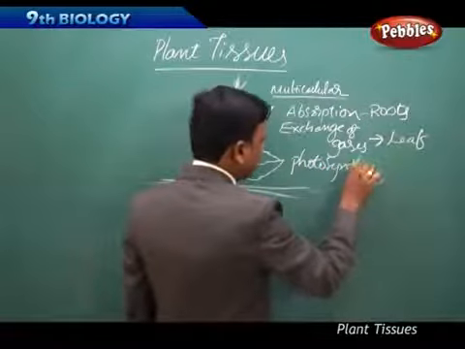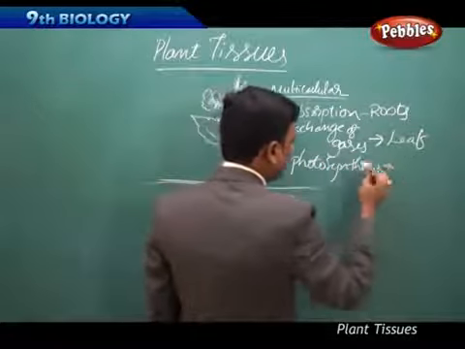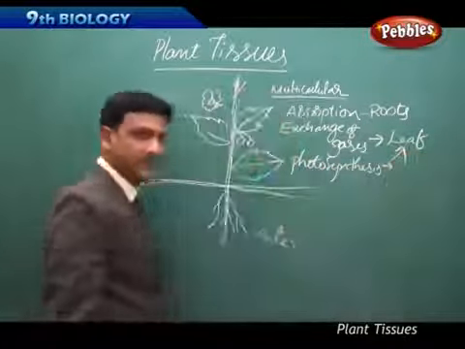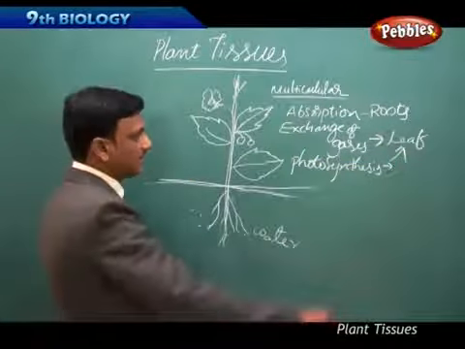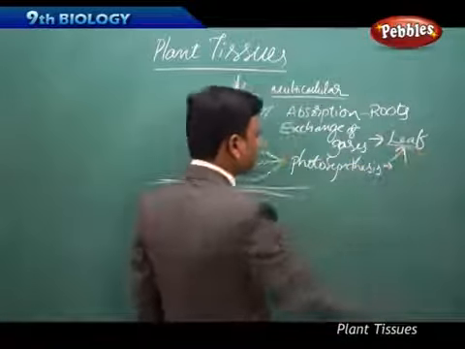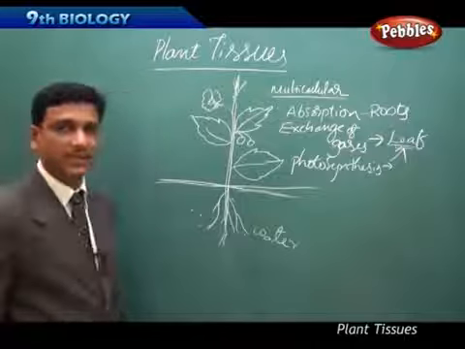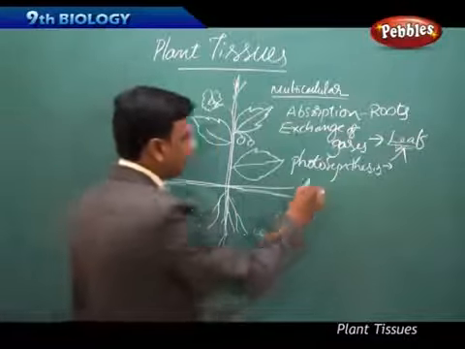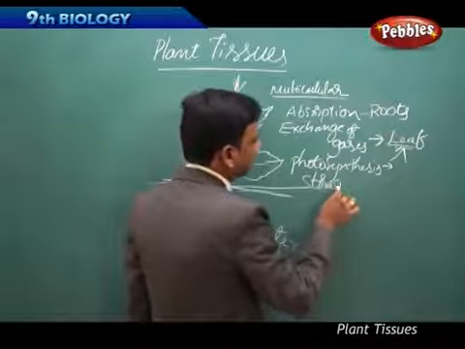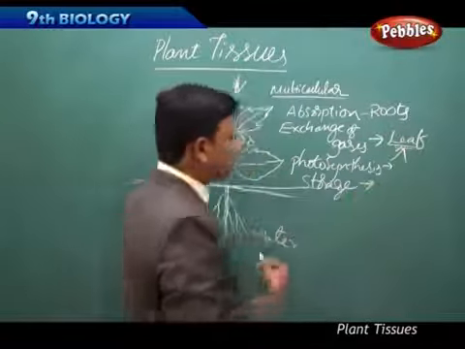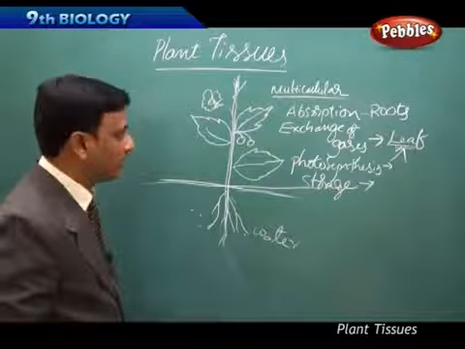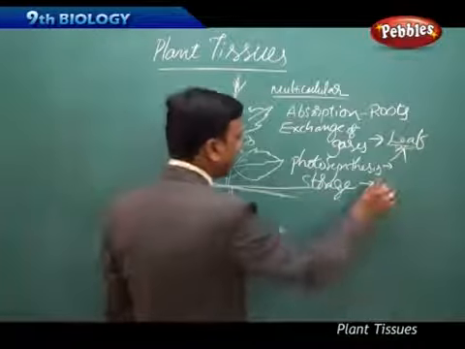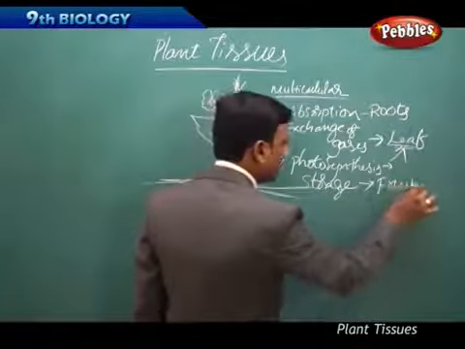Plants prepare their own food by a process known as photosynthesis, and for photosynthesis, leaf is the part which helps in making food. And storage of food. Where is the food stored? The food may be stored either in the leaves or in the fruits or in the roots, depending upon the plant.